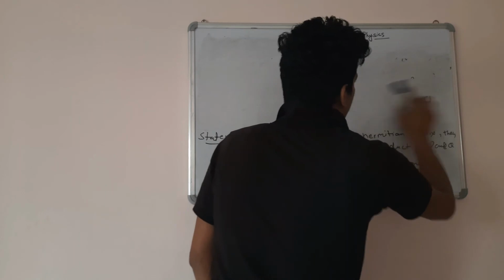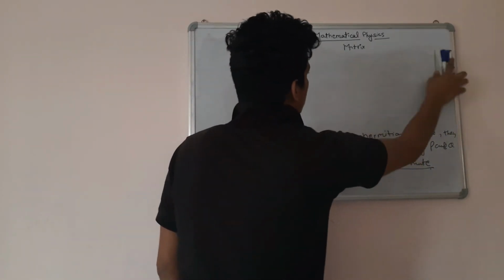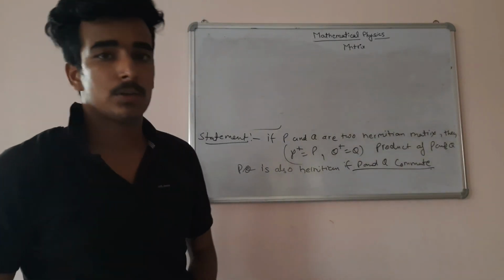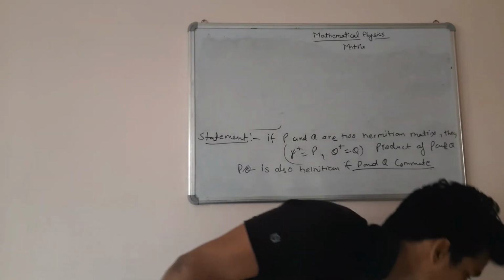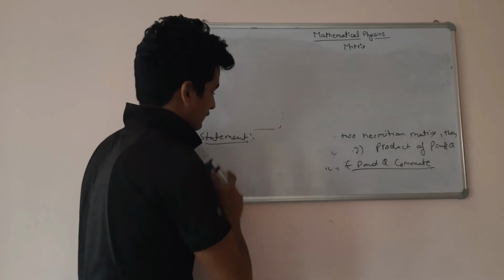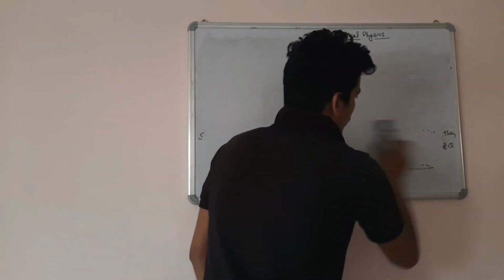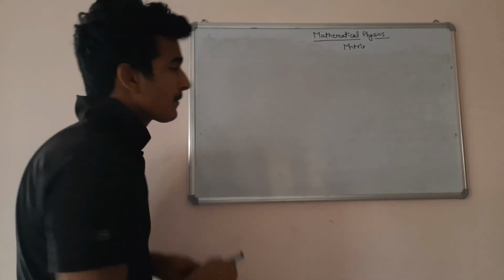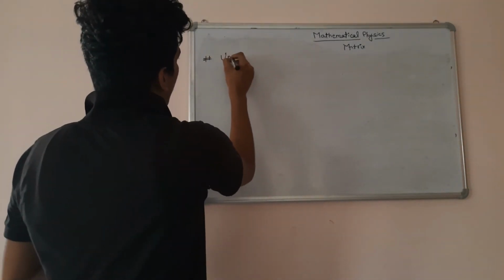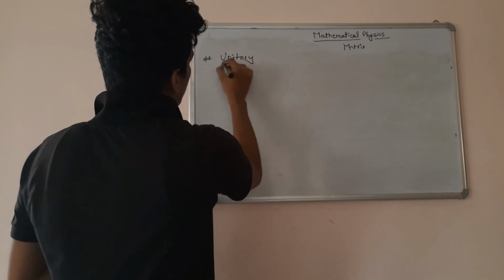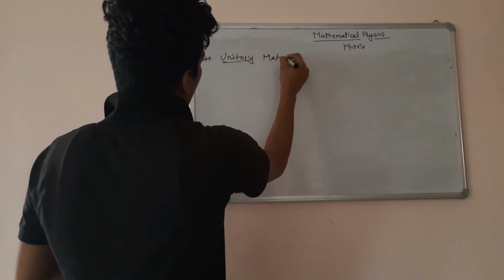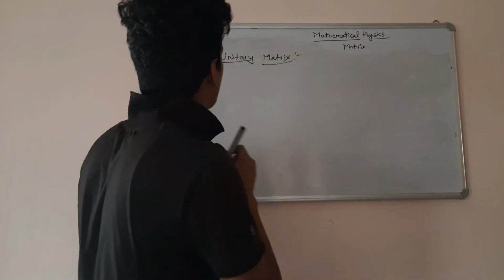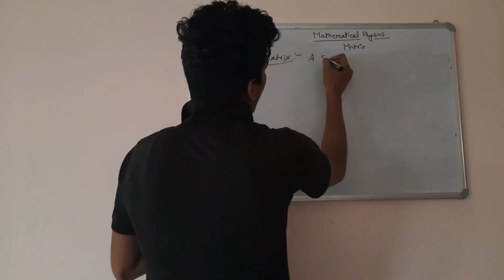Now we have discussed a lot here. The last matrix I want to discuss is the unitary matrix. So the last topic for today is the unitary matrix. What is the simple definition of a unitary matrix?